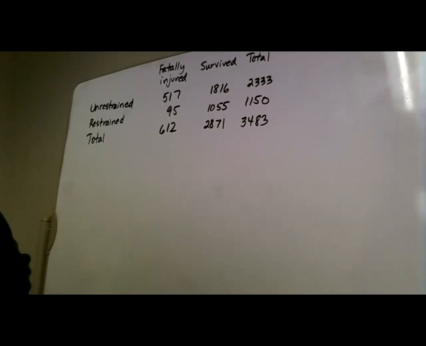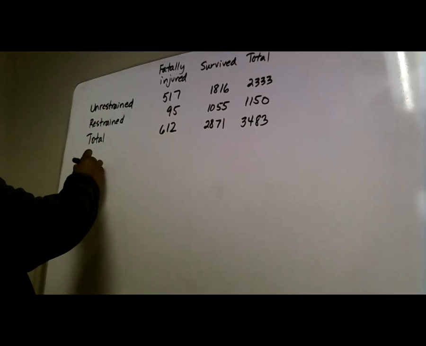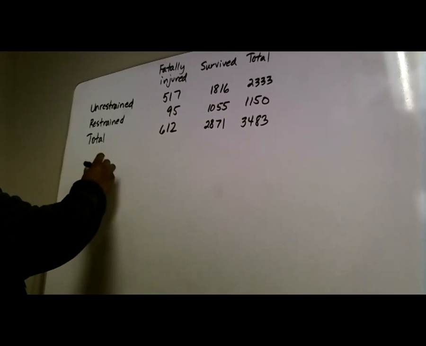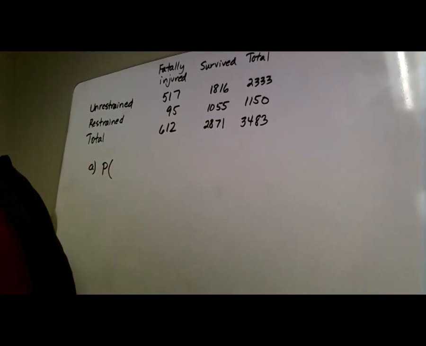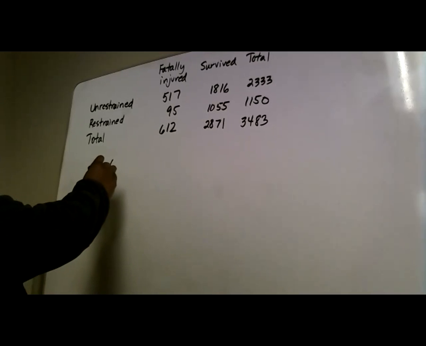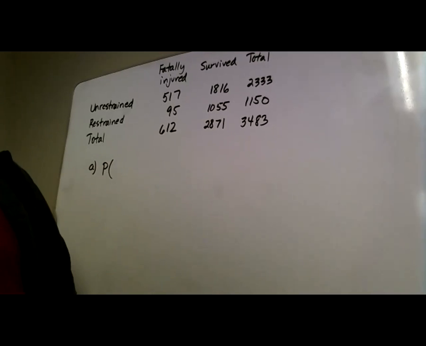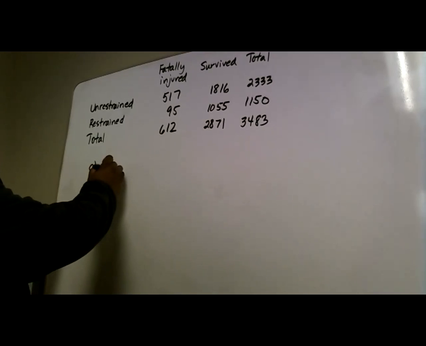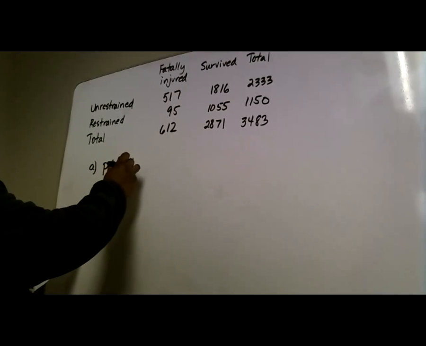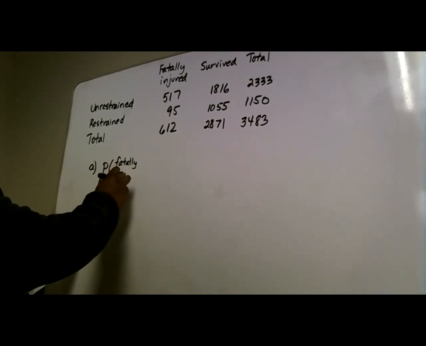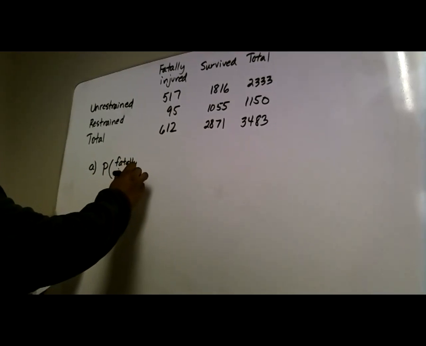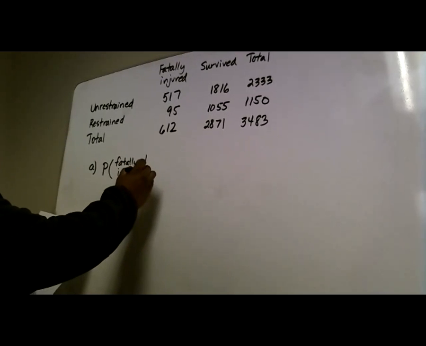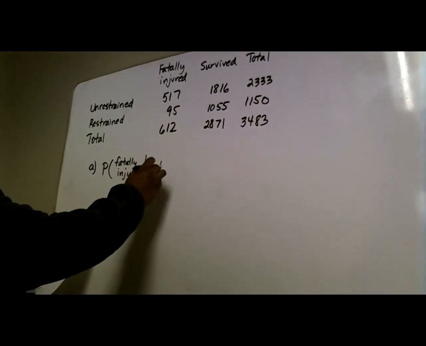So we're going to start off by finding the probability that the person was fatally injured, given that the occupant was restrained.